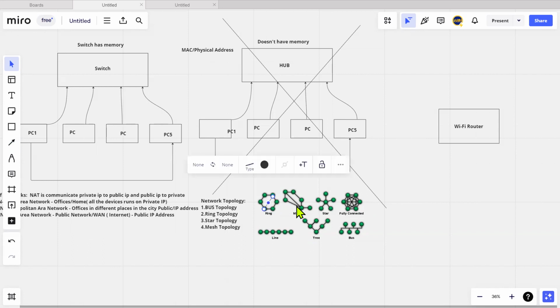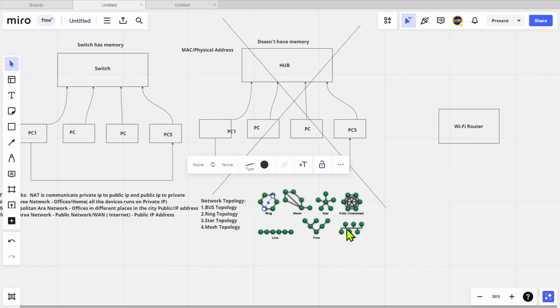And for example, in a line, if this computer wants to share information with this computer, it has to go through all these computers in the network and reach here. This is also slow.